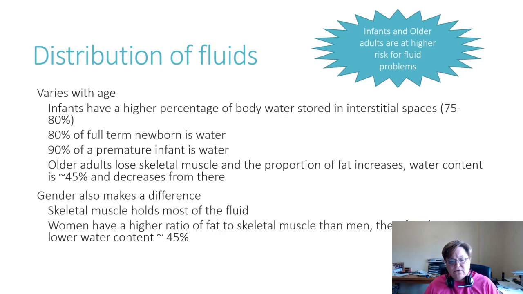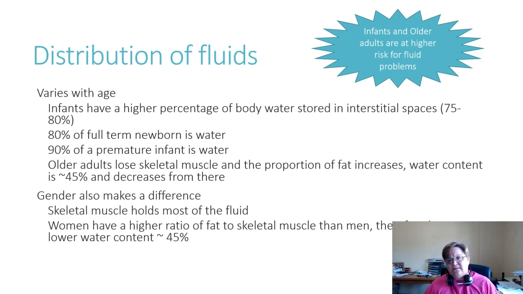Skeletal muscle holds most of the fluid, and we know that infants have a higher percentage of body water stored in interstitial spaces, and older adults begin to lose skeletal muscle as they lose fat, or their fat content changes, and then it just continues to decrease from there for other reasons that we'll talk about as we move forward in other content lectures.